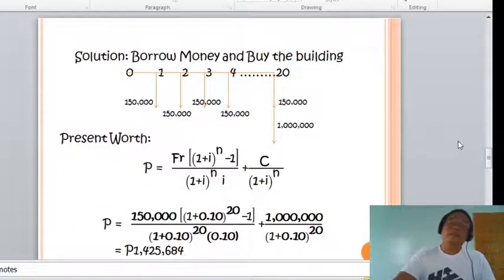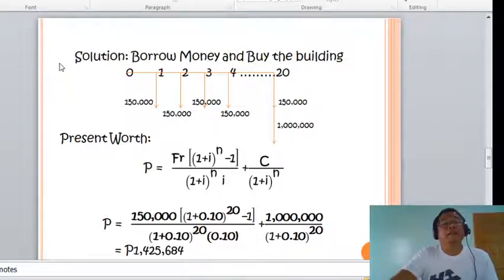Okay, so here is now, class, the cash flow diagram. This is year 0 to 20, and this is the first alternative. 150,000 yearly up to the end of 20 years, and the redemption value is, of course, 1 million.